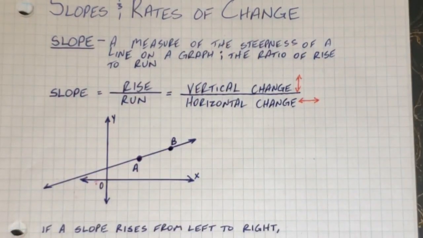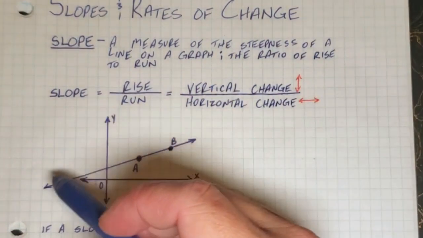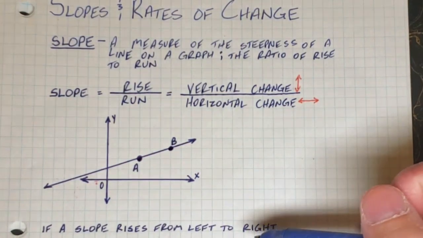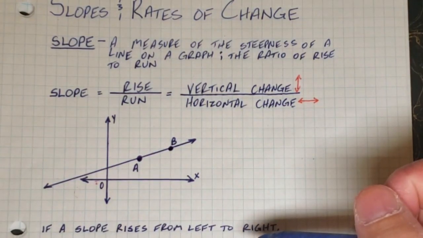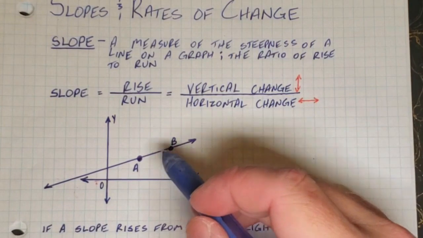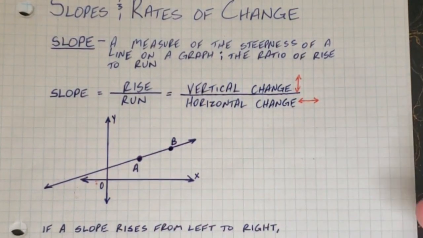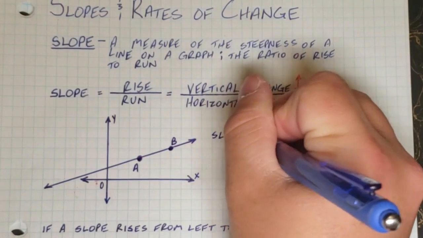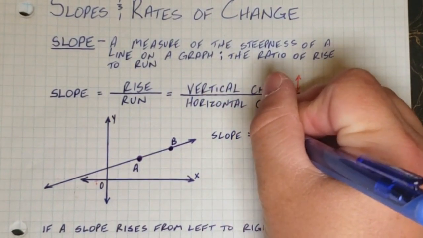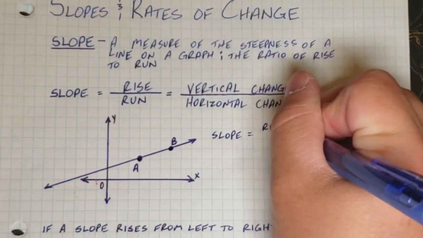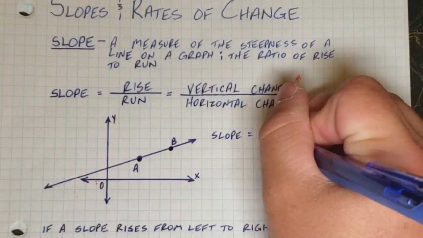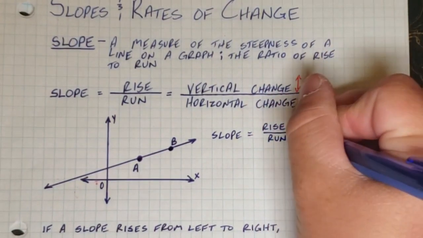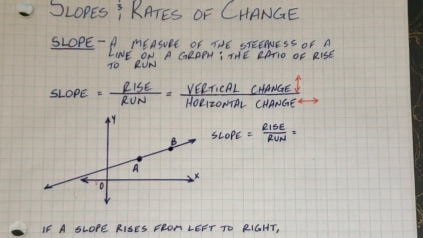All right, so what I have done here is I have given us a line on a graph, and I want us to find the slope of this line, line AB. All right, so again, the slope is going to be the rise over the run. Okay, so we pick one of our 2 points.